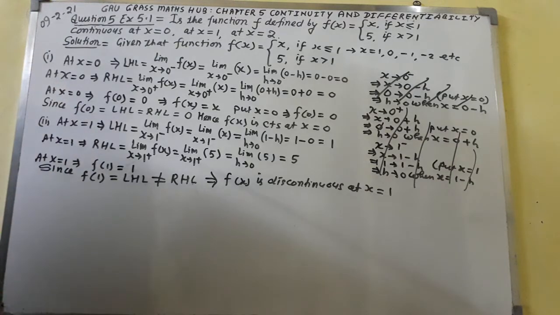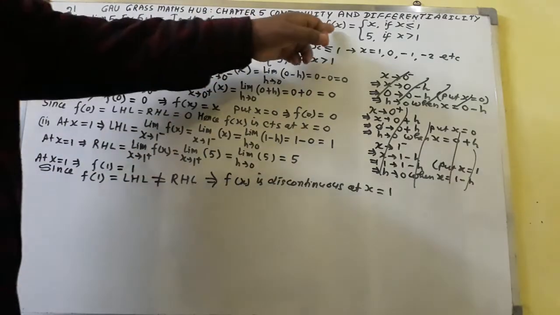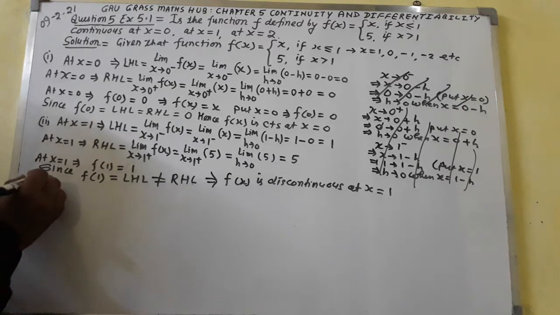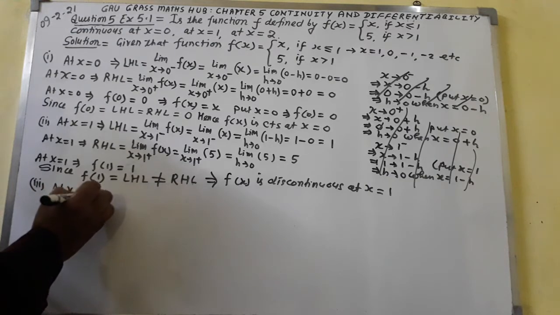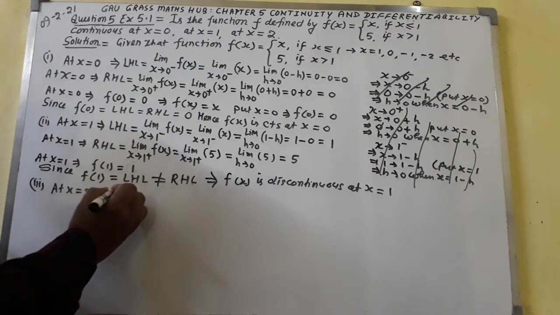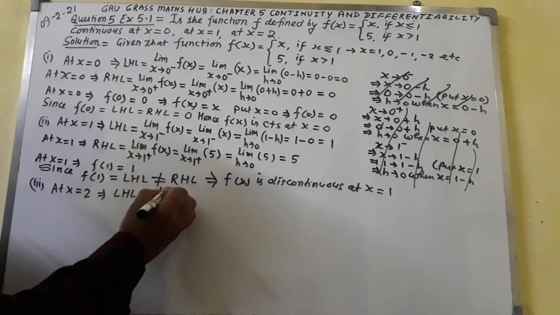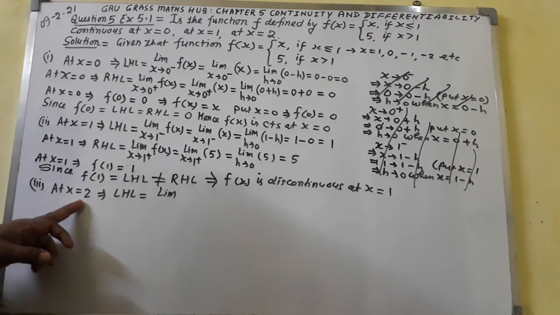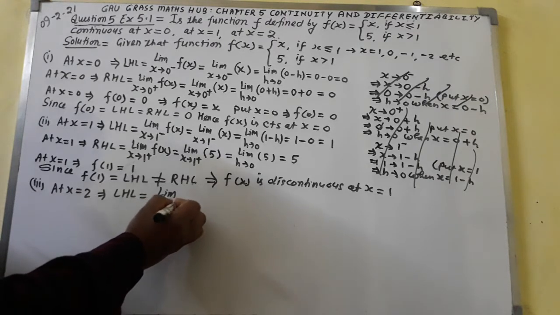First condition, second condition. Now I shall take x equal to 2 and see whether f(x) is continuous or not. Third condition I am going to write here. At x equal to 2, the left hand limit equals... Here x equal to 2 is written, so I shall write x tends to 2 negative.